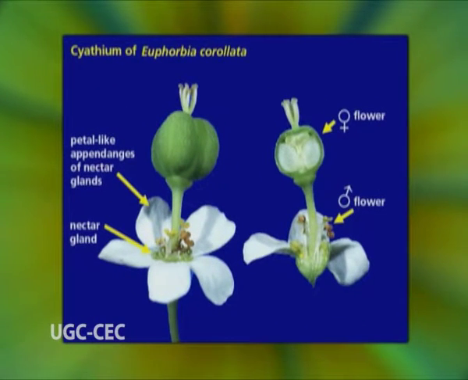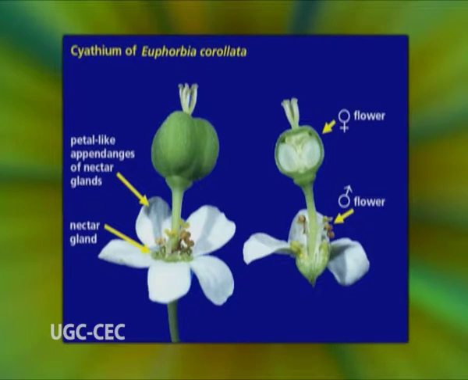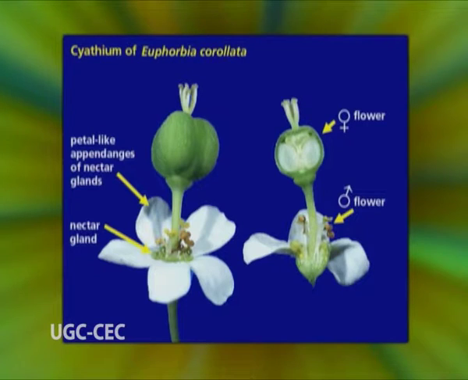Inflorescence: the characteristic inflorescence in this family is cyathium. Each cyathium is having single female flower surrounded by 2 to many male flowers.